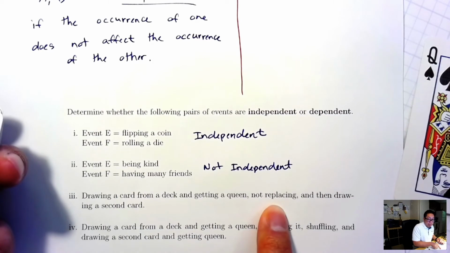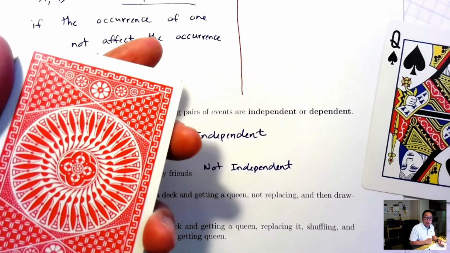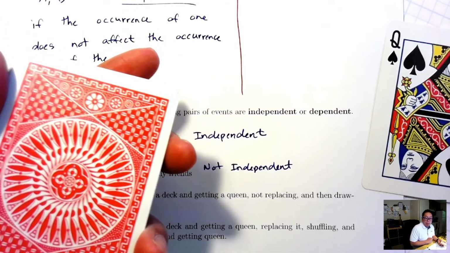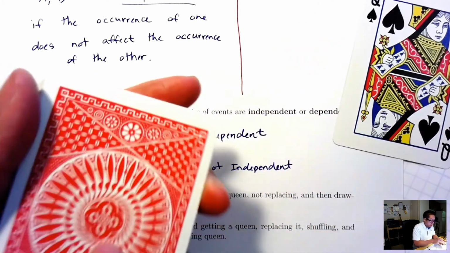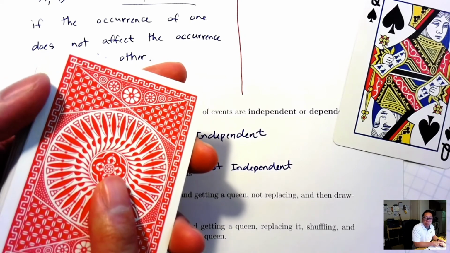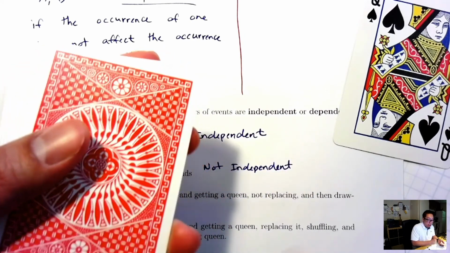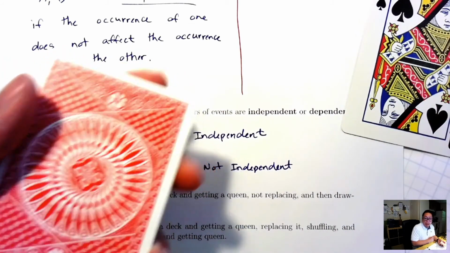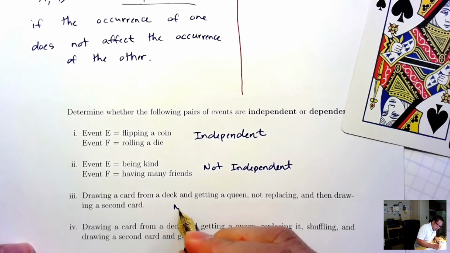Not putting it back, and then drawing a second card. So does getting a queen for that first card affect whether or not I get a queen on a second card? Yes, it does. Right? Because I'm not putting it back, that means I have one less queen to work with for that second draw. Okay, so usually in the deck of cards there's 4 queens, so now there's 3 queens. Okay, so it does affect what happens. So this would be a not independent.